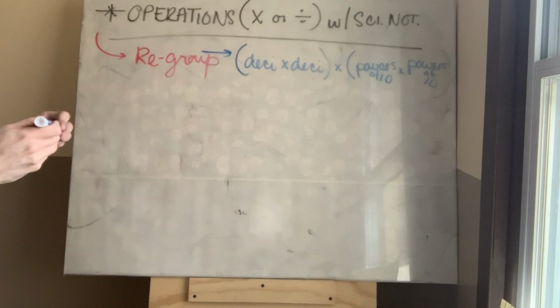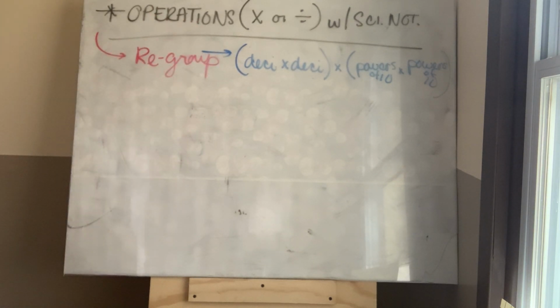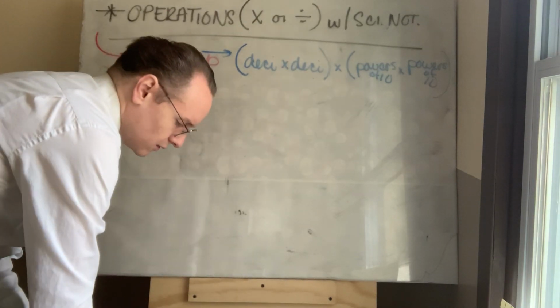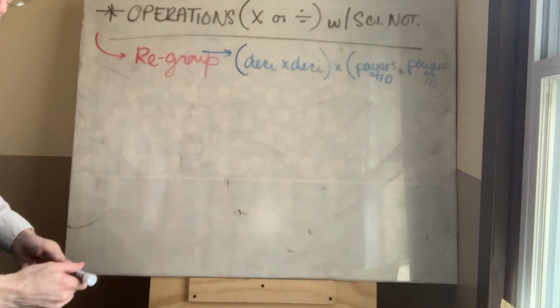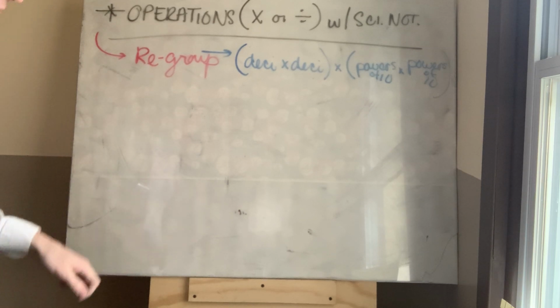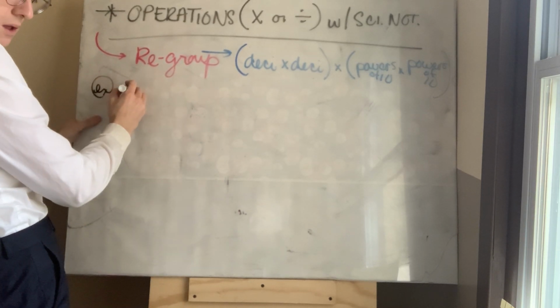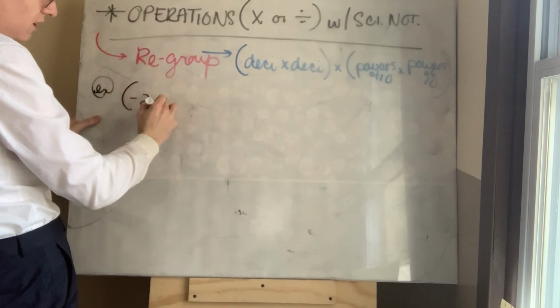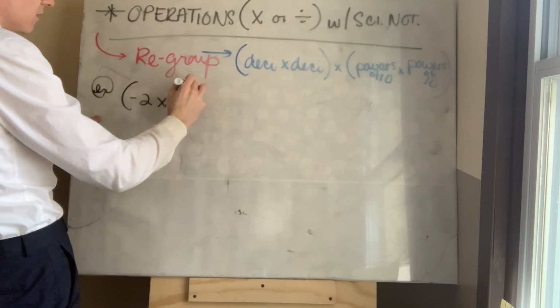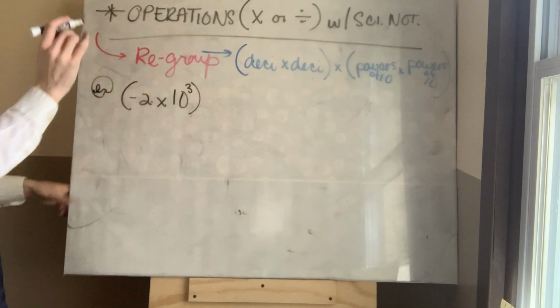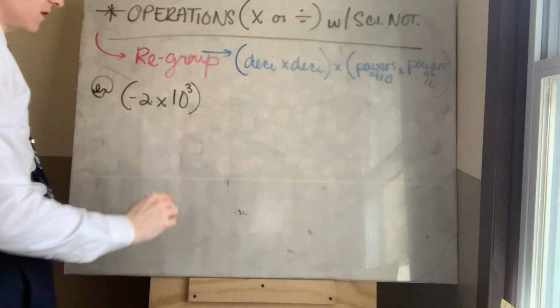Regroup. Similar situation for division. Let me give you an example. If you had -2 times 10 to the third, this is in scientific notation, just doesn't have a decimal point, it's not always necessary.